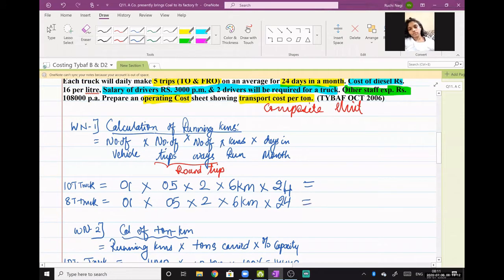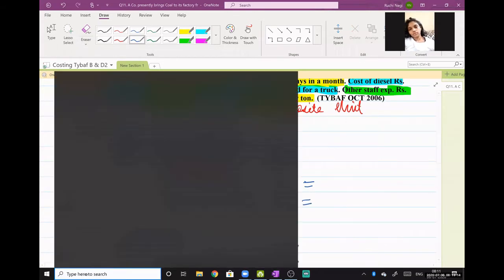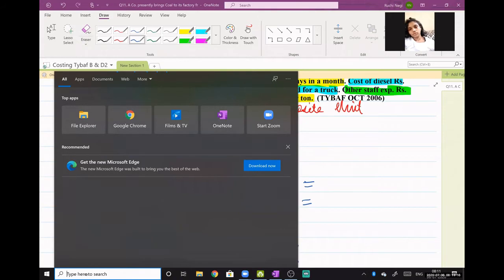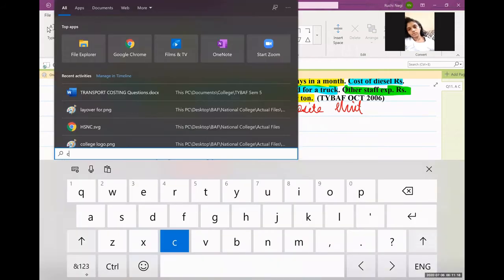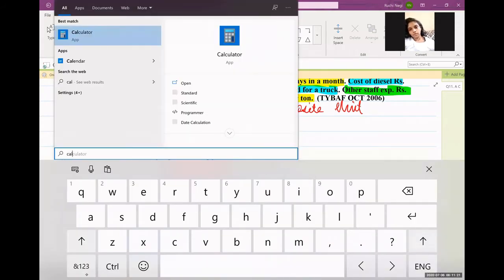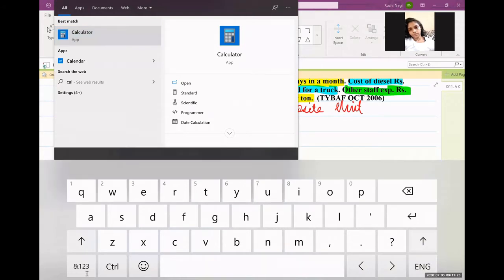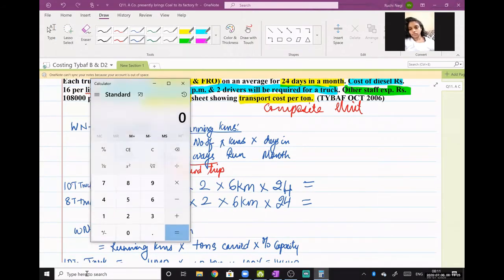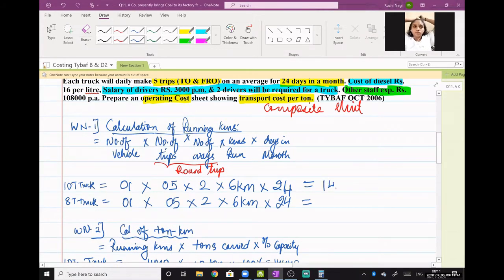Let us calculate. 1 into 5 into 2 into 6 into 24. So I'll do it directly: 10 into 6 into 24. That makes it 1440 kilometers.